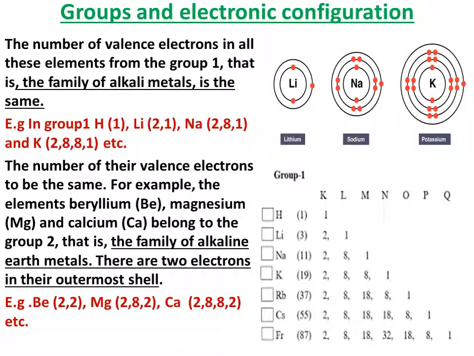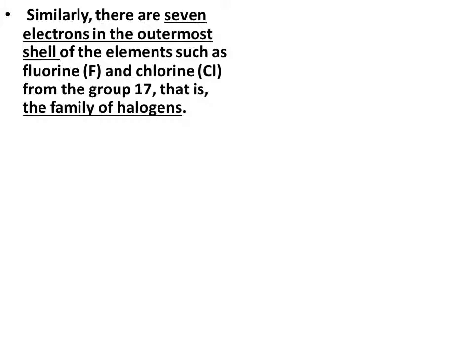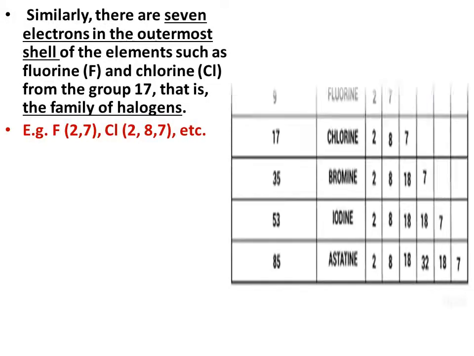For example, beryllium 2,2, magnesium 2,8,2, then calcium 2,8,8,2, etc. Similarly, there are 7 electrons in the outermost shell of elements such as fluorine and chlorine from group 17, that is the family of halogens. For example, the atomic number of fluorine is 9 and the distribution is 2,7. Chlorine's electronic configuration is 2,8,7, etc.